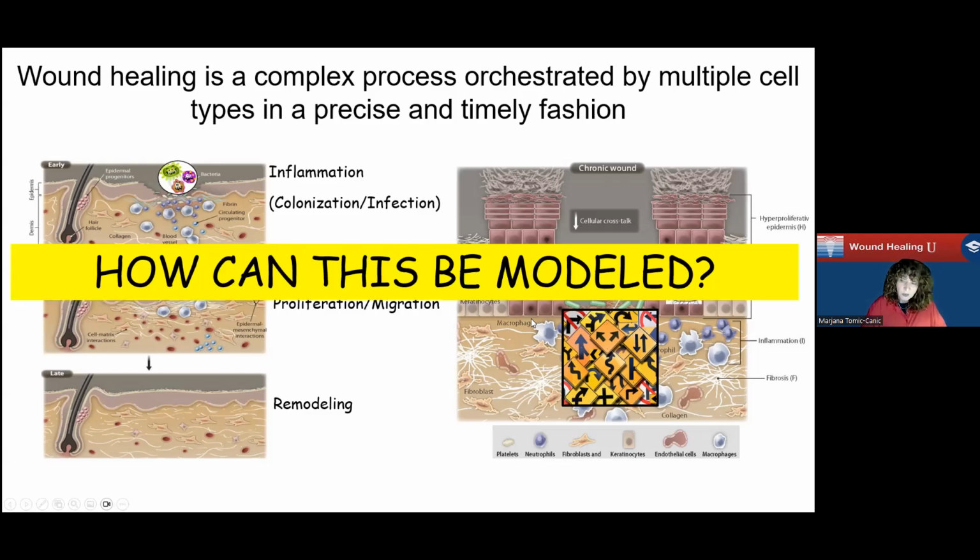So the question, if we are talking about a translational aspect, is how can this be modeled? Again, multiple cell types, multiple time points, a lot of different interactions going on over a certain period of time. And looking at our skin, obviously, it's a lot different from organism to organism.